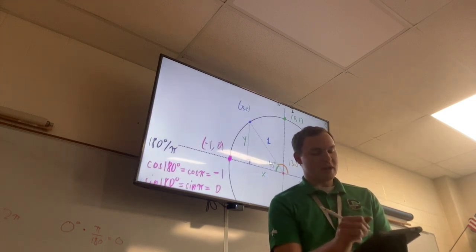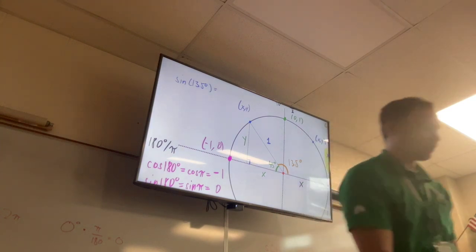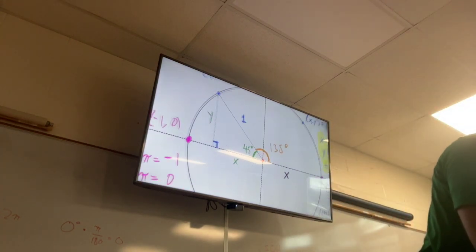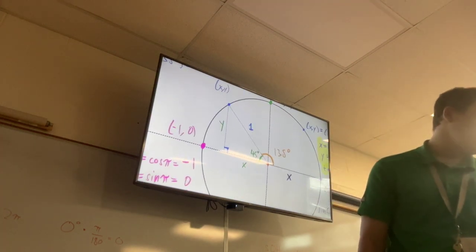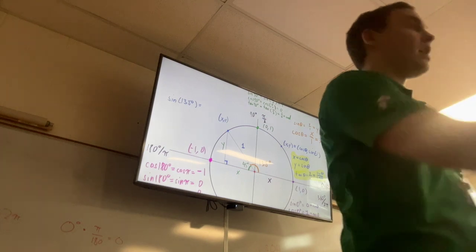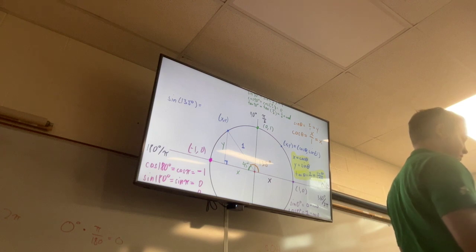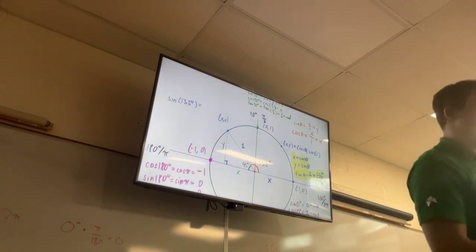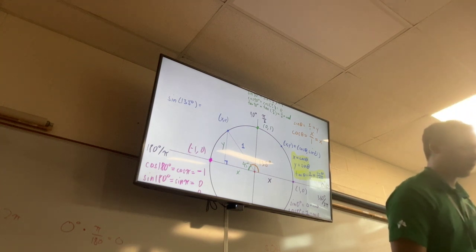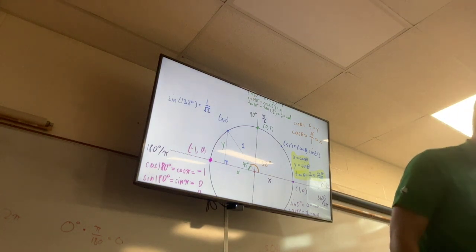It's going to be the same as the sine of 45 degrees. What on your sheet is the sine of 45 degrees? 1 over root 2, yep. 1 over the square root of 2.